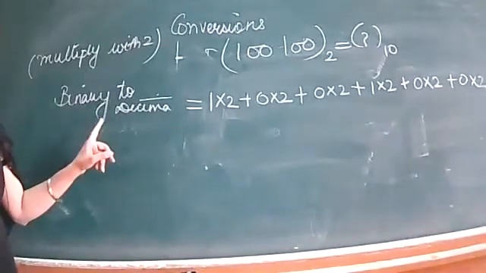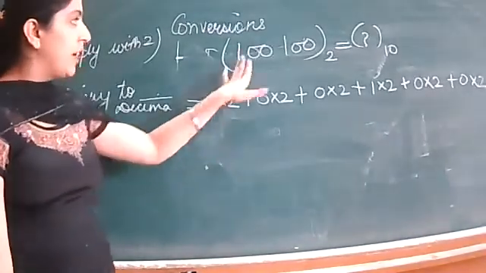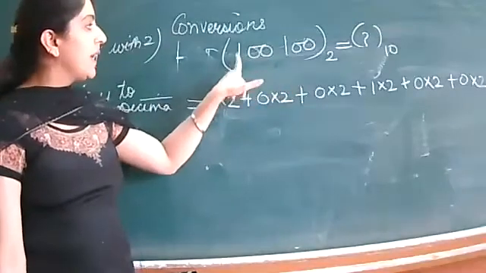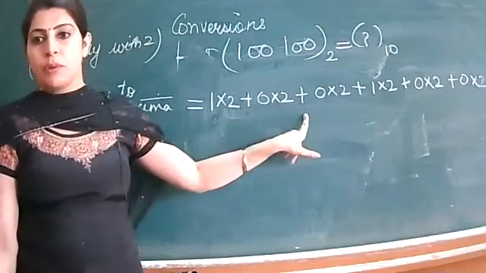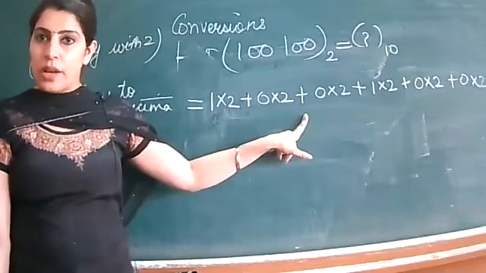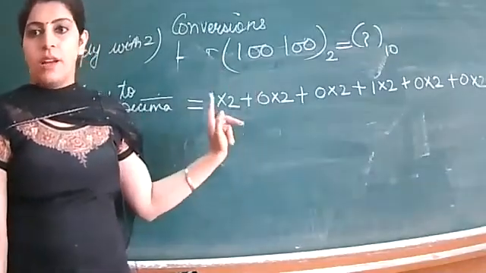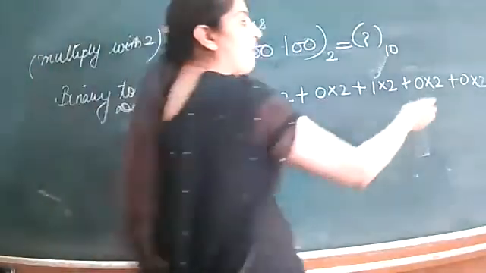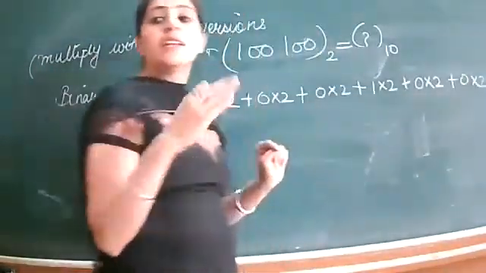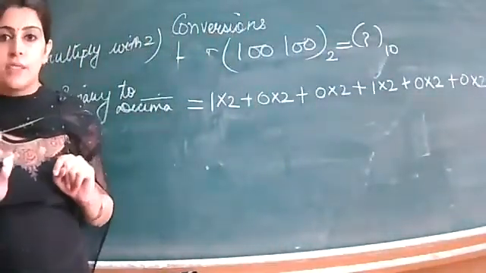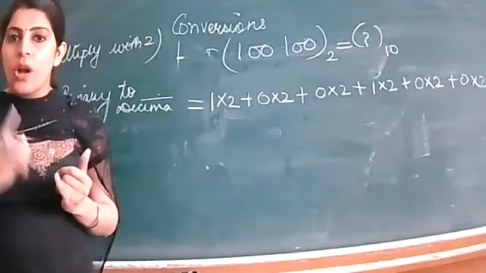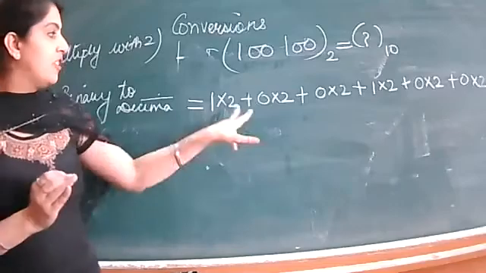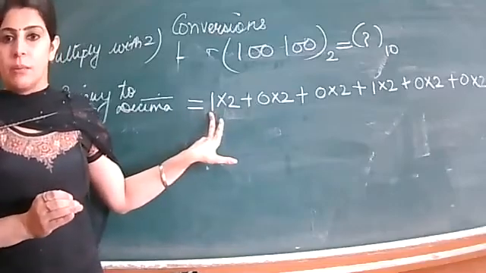Clear? In the first step, what I did is simply open it, multiply each digit of the number with 2 and put a plus sign in between. Okay, so this was the first step. Now the second step, you have to put the powers in increasing order from the right side. You will put powers from the right side starting from 0, and it will increase until you reach the last digit. Clear?